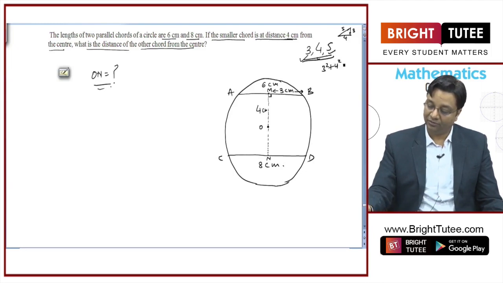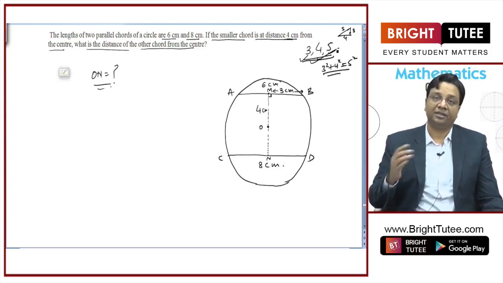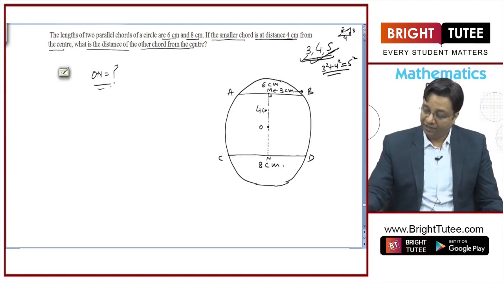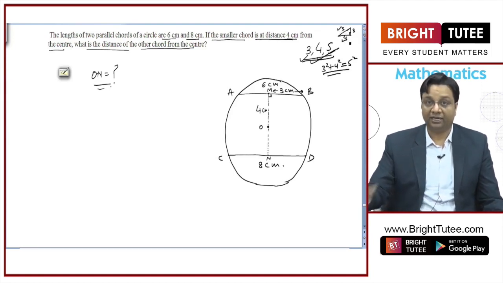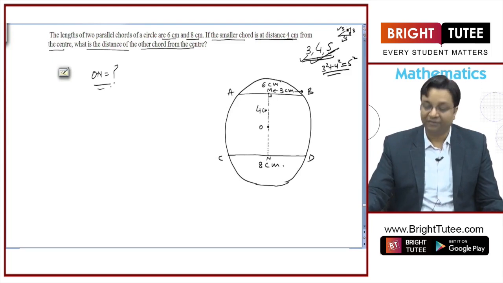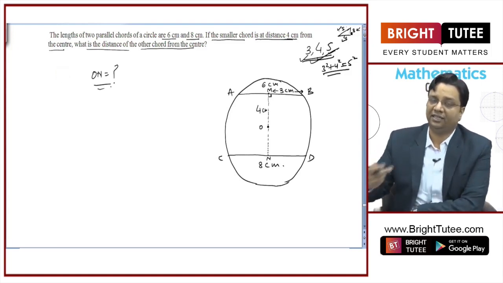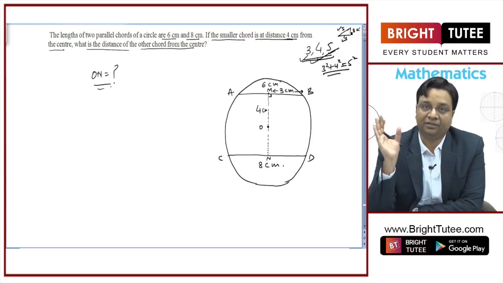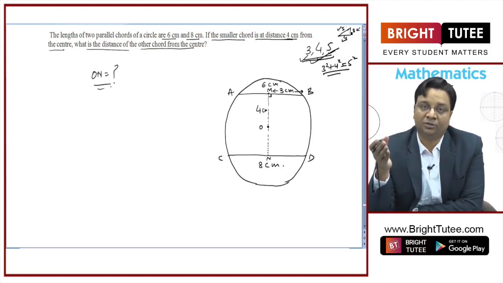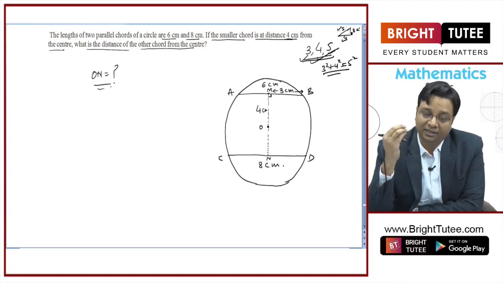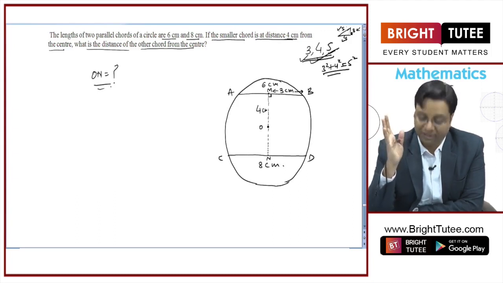That is 3 square plus 4 square is 5 square. So these numbers satisfy the Pythagoras theorem. If I am given 5 and 4 as two sides, where 5 is the hypotenuse, then I can say the third side is 3. If I get 5 and 3 as two sides and I know that 5 is opposite the 90 degree angle, then I can simply say the third side is 4. If I get 3 and 4 as two sides of a triangle and I know the angle between them is 90 degrees, then I can directly say that the third side is 5 centimeter.